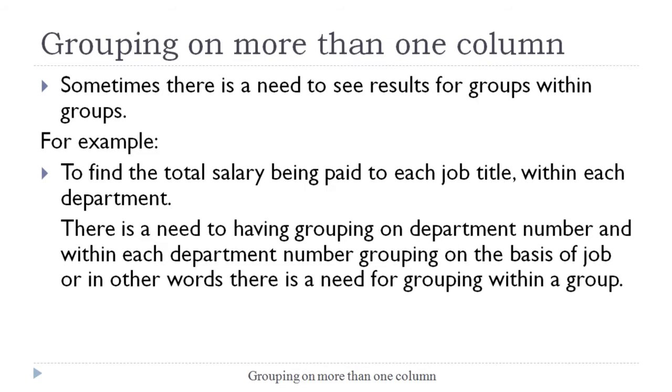In this case, first grouping will be made on department field and then within the group of each department, grouping is performed on job field so that total salary can be found for this subgroup, that is each job within each department. In simple words, here we wish to perform a group within another group.